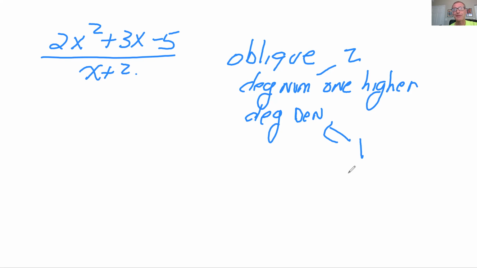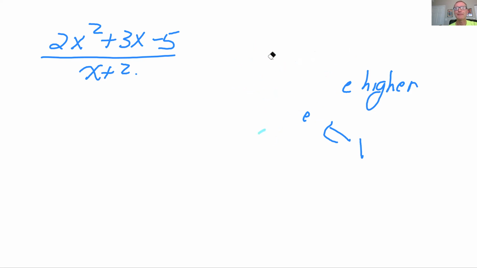And so how do you calculate that? It's a little bit tedious, but let me show you how to do it. And you have to use this idea of division. So the idea is that you take the denominator and divide it into the numerator. And we're going to be doing this again in section 5.4, 5.5 maybe.